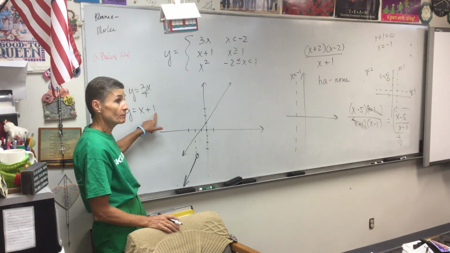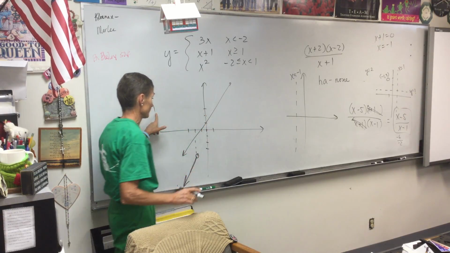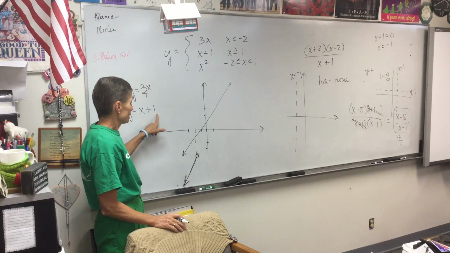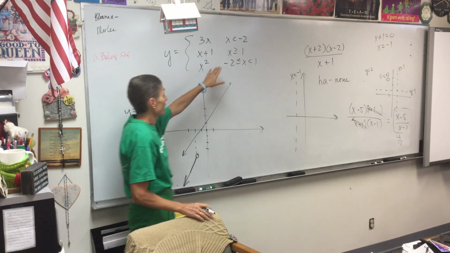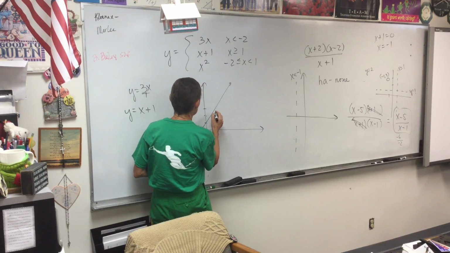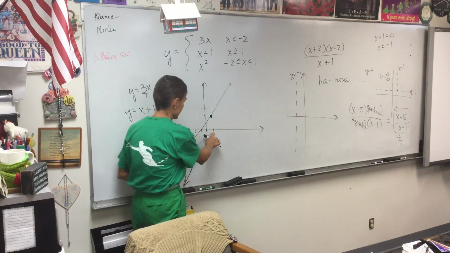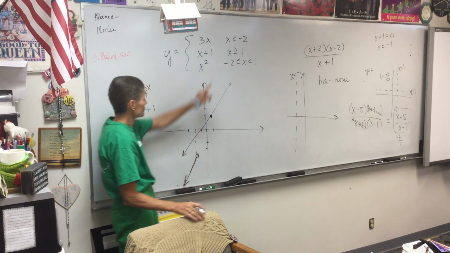It has a y-intercept of 1 and a slope of 1. But I don't want the whole thing. I want the part starting where x is 1. So that would be a closed dot right here, where x is 1. Closed dot.